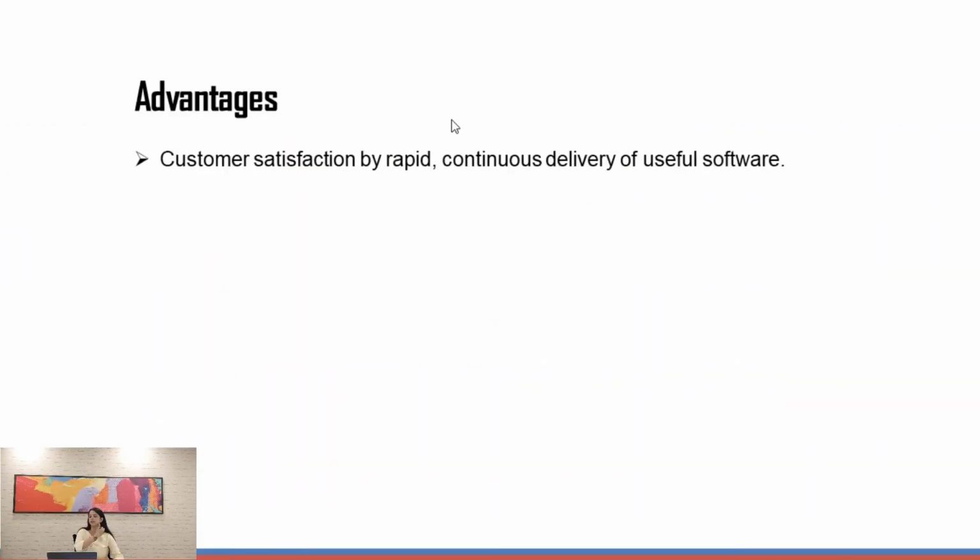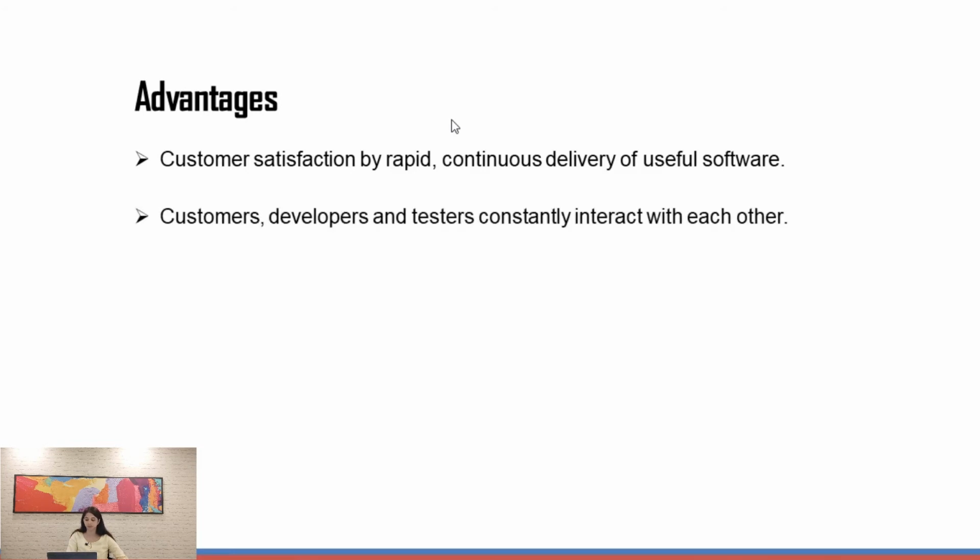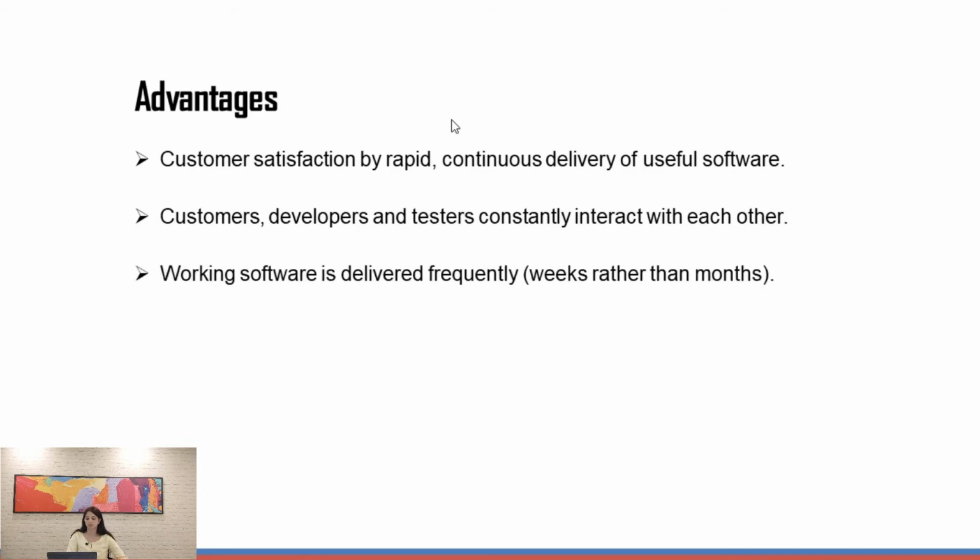So you can see the advantages. Customer oriented model, so the customer is satisfied because they can see a rapid delivery of their own products, which is very good. There is a lot of interaction between customer, developers and testers, because the model is created in a way wherein there will be daily interactions amongst the team and then interaction with the client as well. So it is the fastest model.